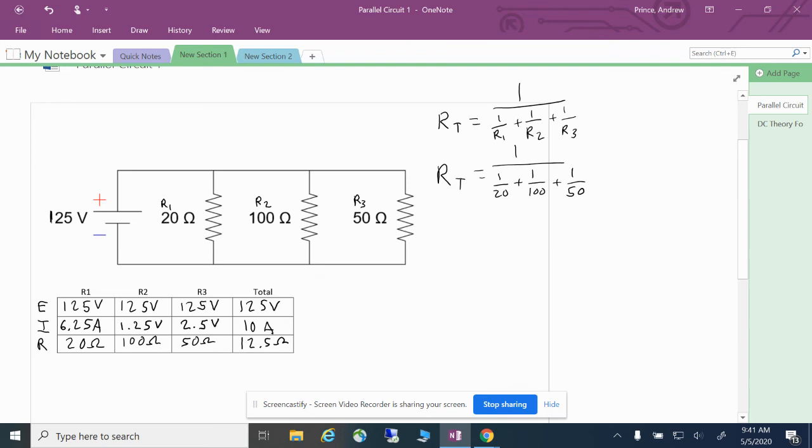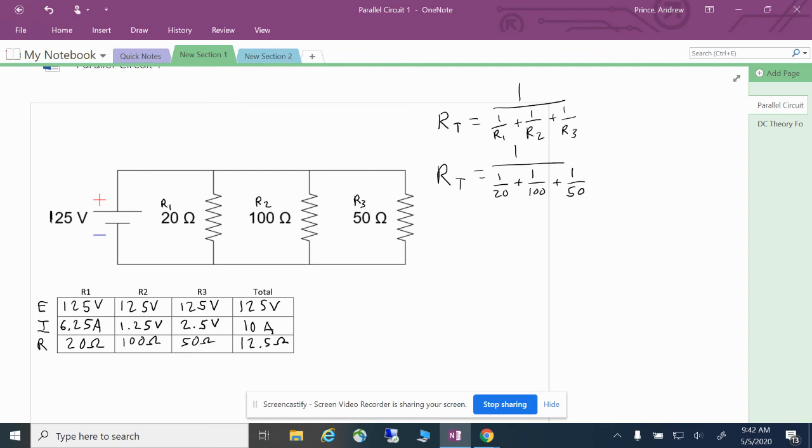Now, when we were just looking at the formulas, you remember if you add up all of the individual current values, it should give you the total. So to check our work, let's go ahead and put in 6.25 plus 1.25 plus 2.5. And that should give you 10 amps, your total. So if you're able to solve backwards and check that, you can know with confidence that you got the right answer for those totals as well.